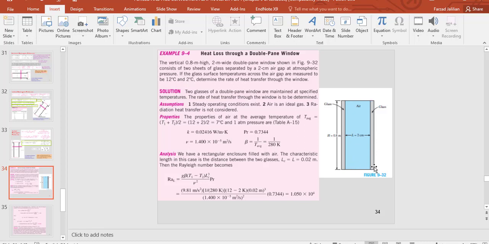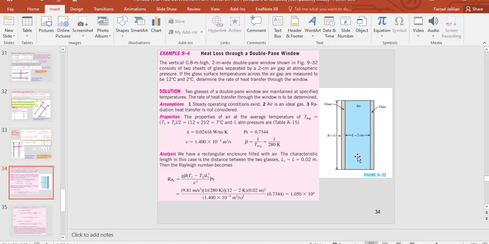If you see this figure, you may understand that this window is actually an enclosure: 2 different surfaces with different temperatures and fluid between them.